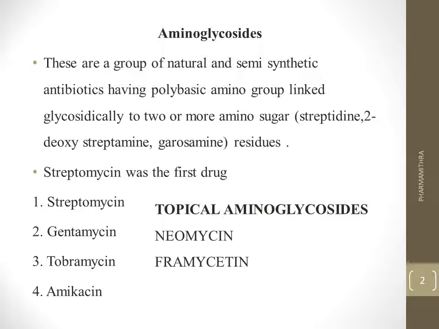The first drug among the aminoglycosides is streptomycin. Go through the important drugs coming under the aminoglycosides. The four drugs mentioned here are given systemically: streptomycin, gentamicin, tobramycin, and amikacin. Whereas topical aminoglycosides include neomycin and framycetin.